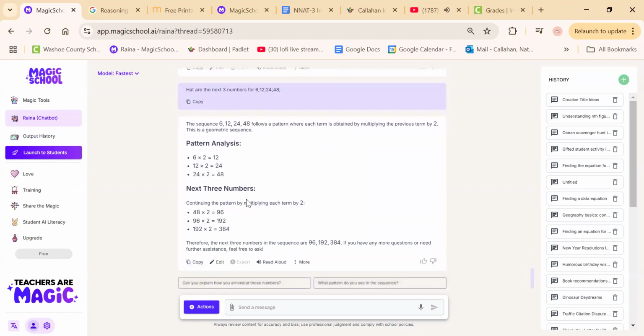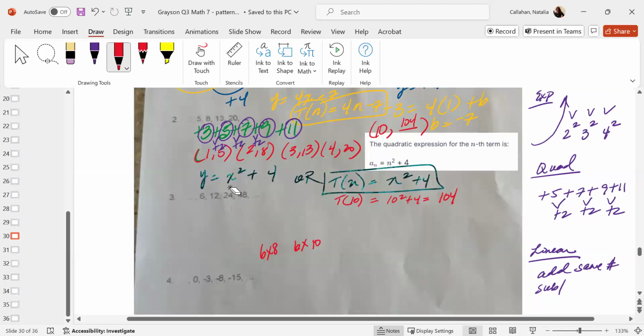Pattern analysis. 6 times 2 is 12. 12 times 2 is 24. 24 times 2 is 48. So it just looks like you take the previous number and multiply by 2. Correct? So let's go back to this. We're going to redo this part. So 6 times 2 is 12.